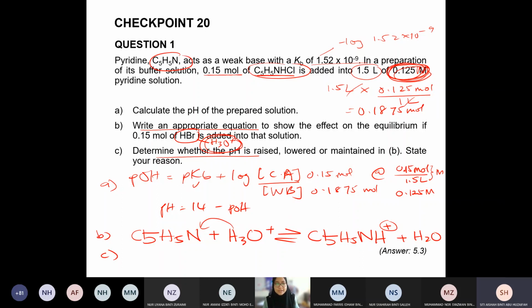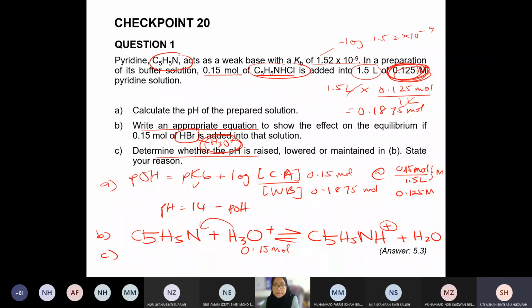What do you think? Kita kena tahu capacity dia kan. So, HBr yang masuk berapa? 0.15 mol. Betul tak? So, berapa pyridine yang ada dalam tu?